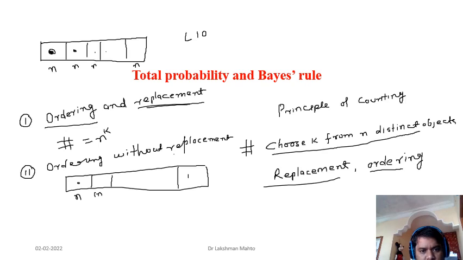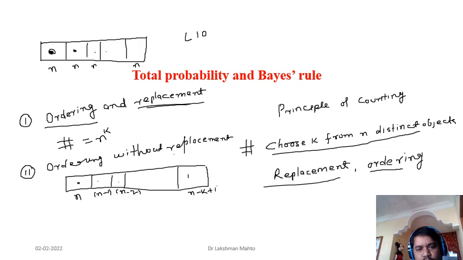Now, when you come to the third box, what would the possibility be? n minus 2. Nice. And if you come to the kth box, what is the possibility? n minus k plus 1.